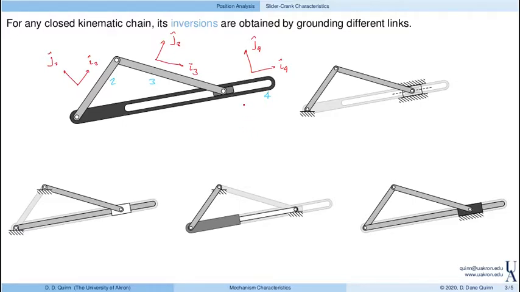So now our loop closure equation is the following. The vector from here to here plus the vector from here to here equals the vector from here to here. Finally, we recognize that the length of this vector can change, so we'll need a coordinate that describes that. Let's call that Z.